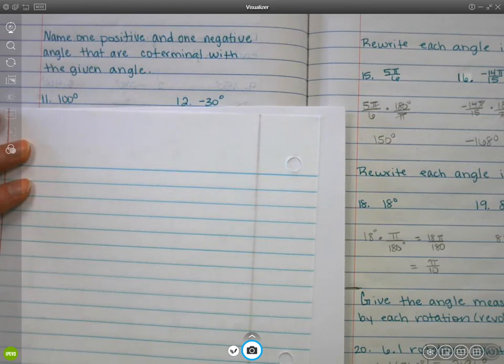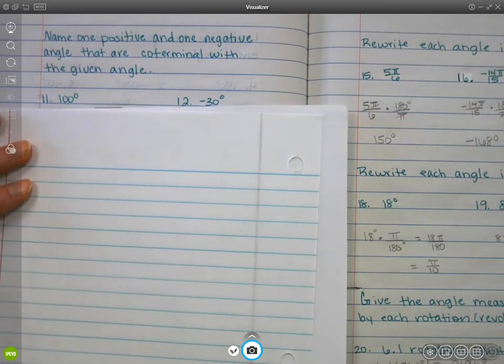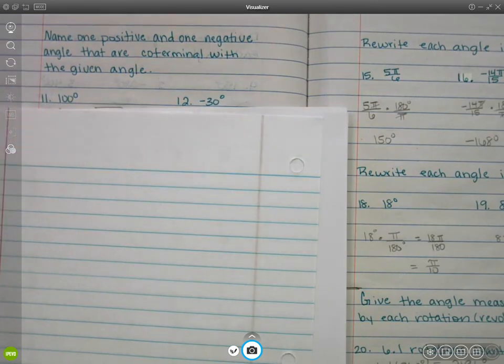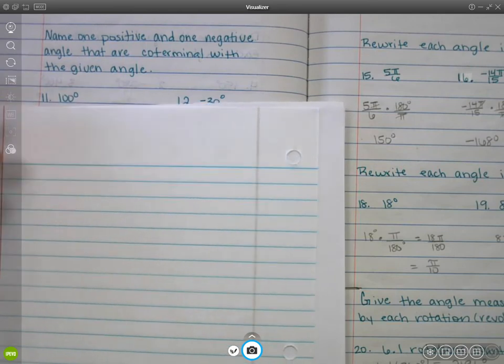And that will usually get the job done. Unless your angle is more than 360, or less than negative 360, then you have to have a better plan. And you don't have to do that to get one positive, one negative. That's just the fastest way. If you wanted to subtract 360 4 times and give me whatever that one is, you wouldn't be wrong. You just did more work than you needed to do.